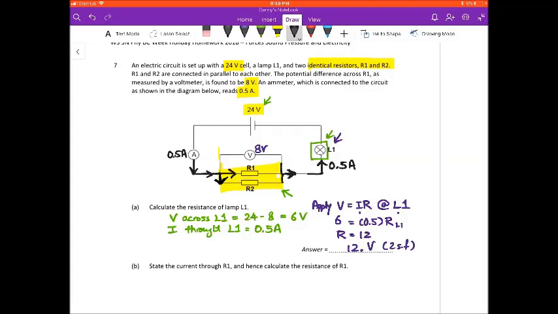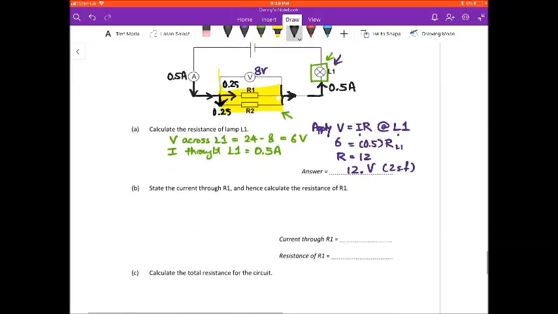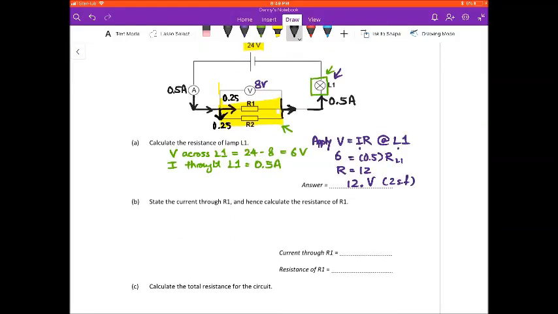So the current that we split is just half-half. So down here I will get 0.25. Down here I get 0.25. So from here I will know, because your R1 equals R2, therefore your 0.5 will split 50-50 ratio. So therefore my current through R1 is 0.25 ampere.